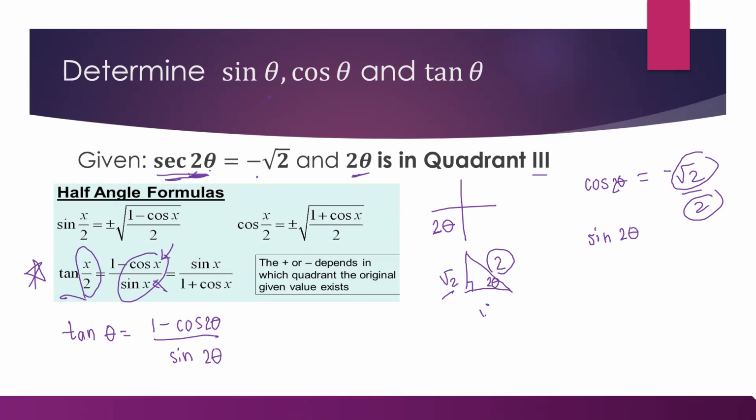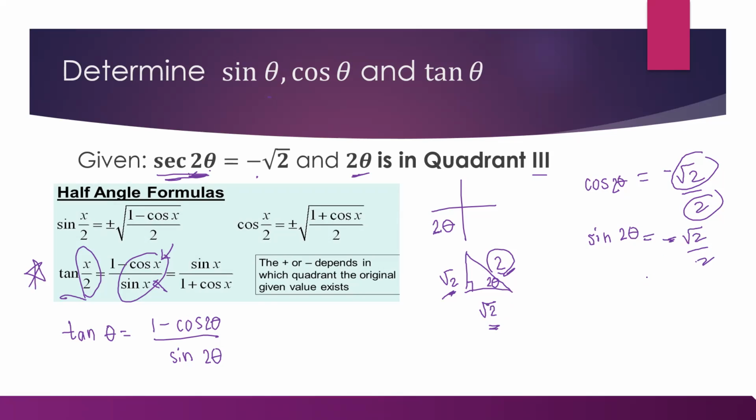So, this is square root of 2 also. Di ba, if I square this, 2. Square this, 2. And the sum is 4, which is the square of the hypotenuse. So, square root of 2 over 2 pala ito, but negative, because 2 theta is in the third quadrant.